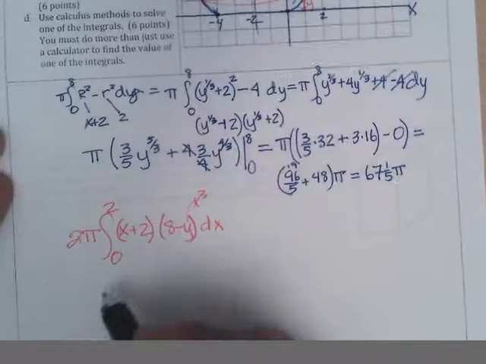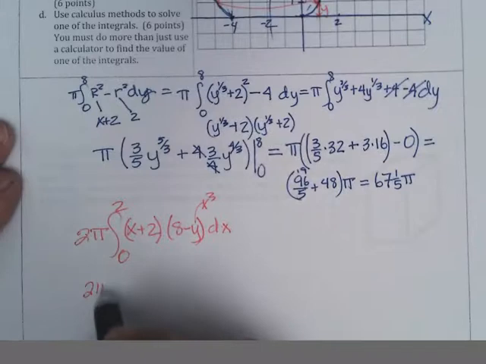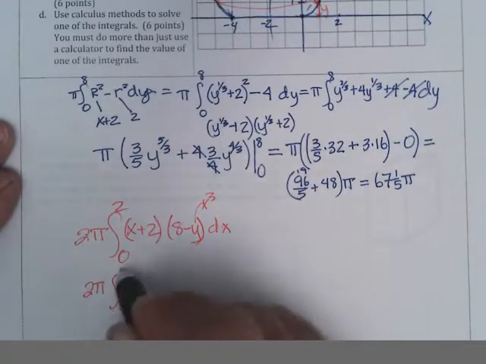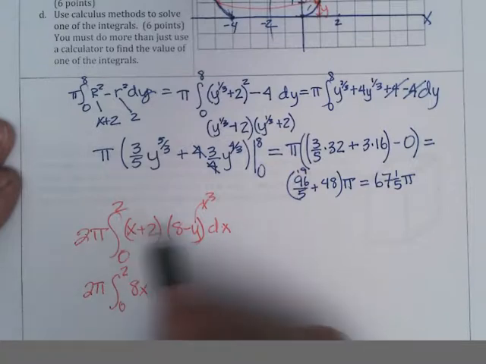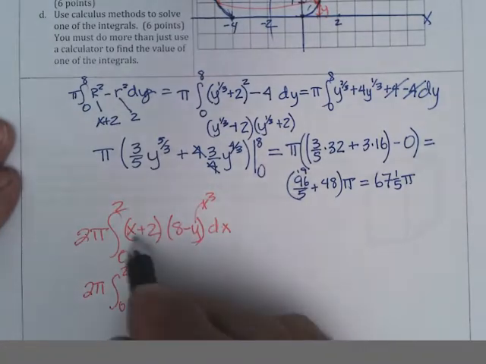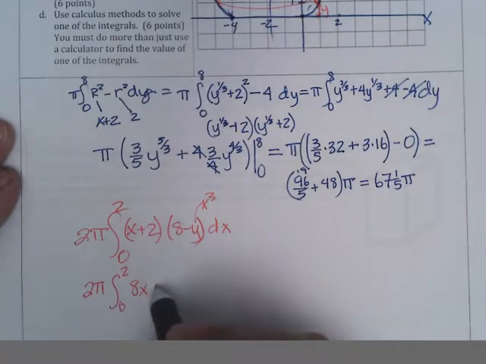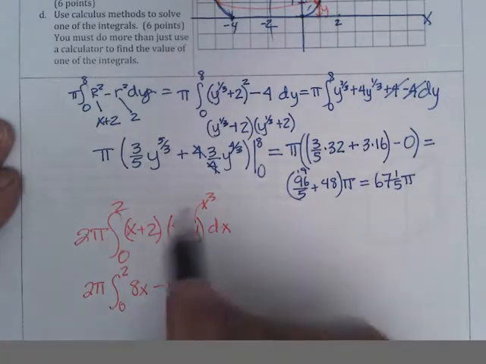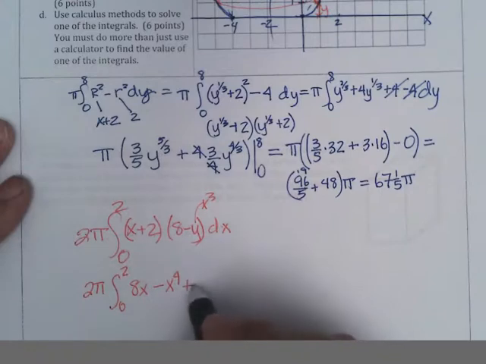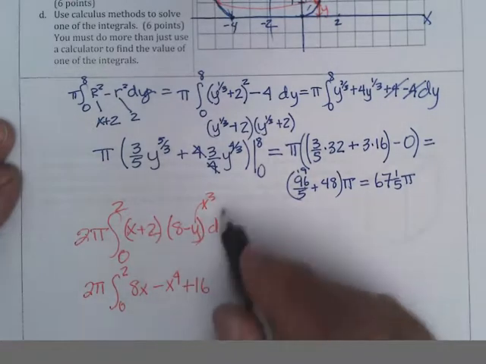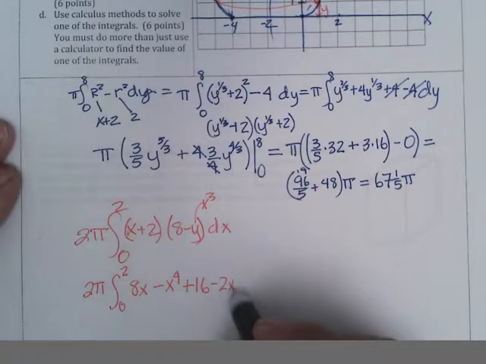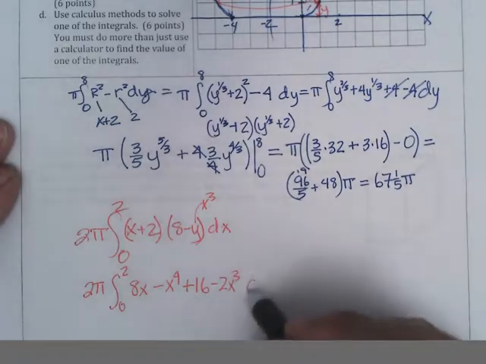So this becomes 2 pi integral from 0 to 2, x times 8, x times x to the third, which is minus x to the fourth, 2 times 8, and 2 times negative x to the third, negative 2x to the third, dx.